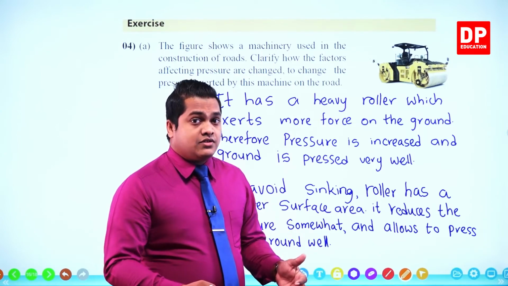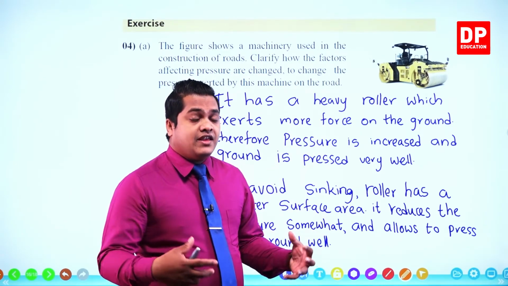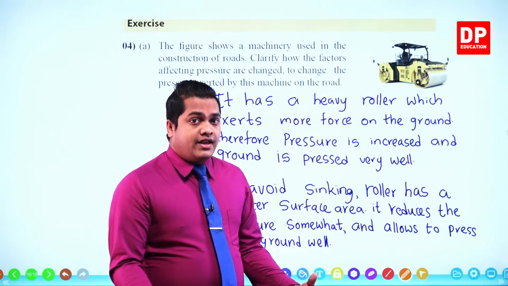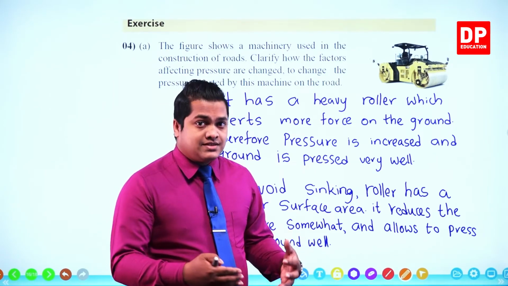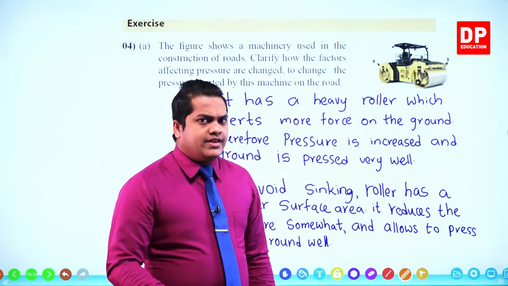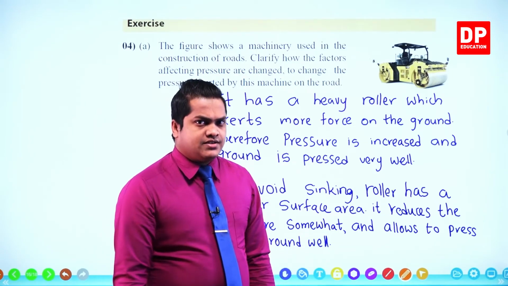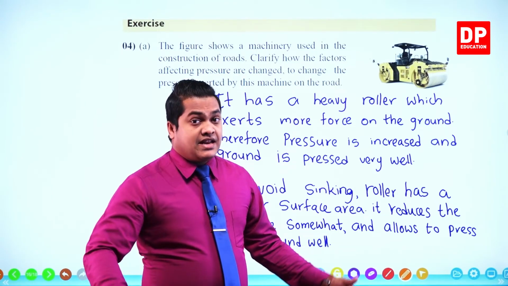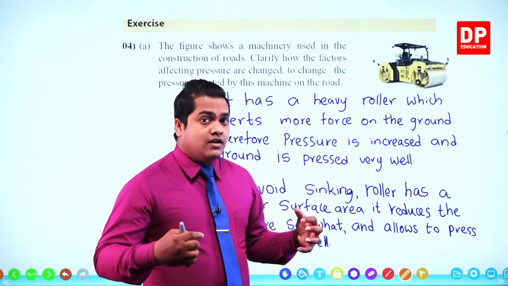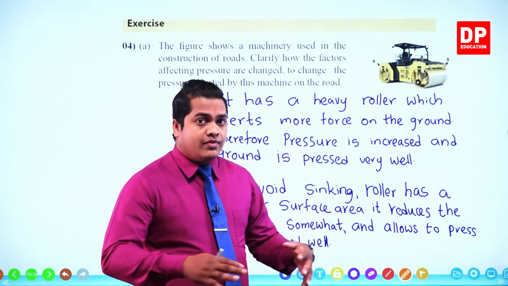If the surface is sharper and it also has a greater weight, then definitely that thing would sink within the ground. So to avoid that case, surface area has been somewhat increased. But it has a very high mass and very high weight is going to be created on the ground.